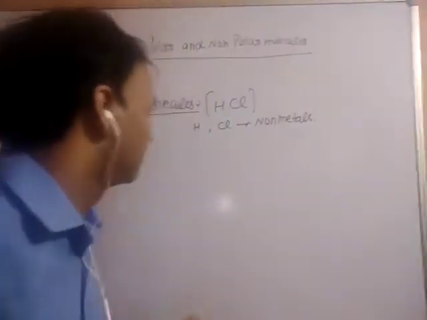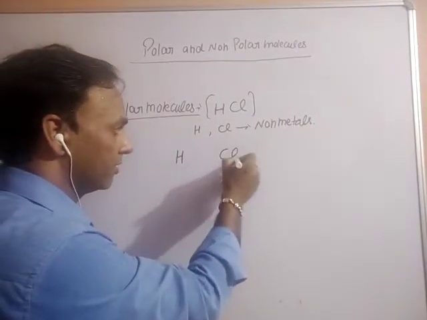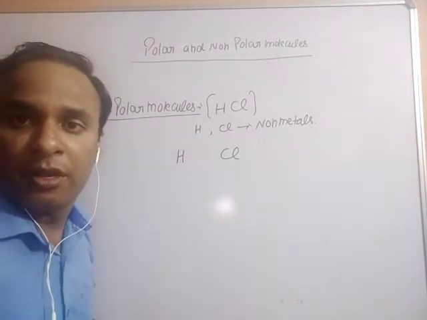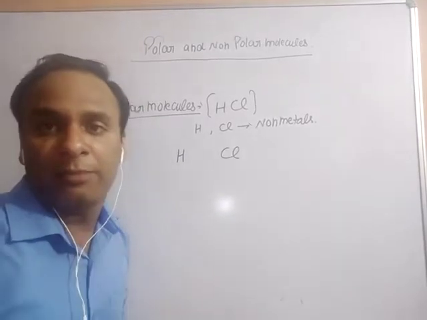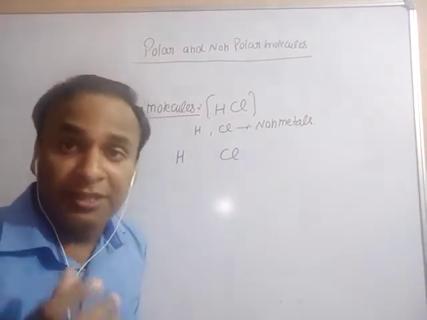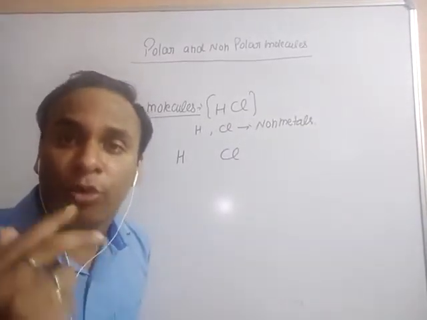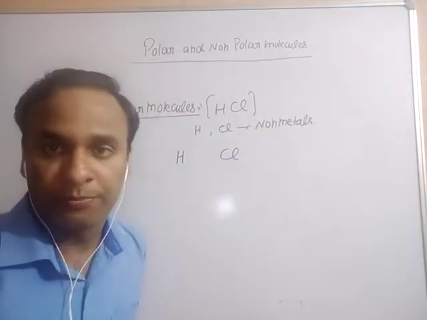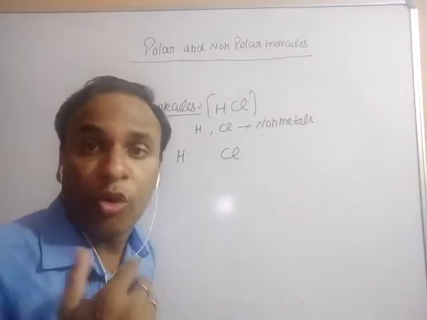How? Listen, this is a hydrogen and this is a chlorine. I already told you hydrogen is the only element in the periodic table which completes its octet by getting 2 electrons, which means it follows the doublet rule. Clear? And chlorine follows the octet rule.